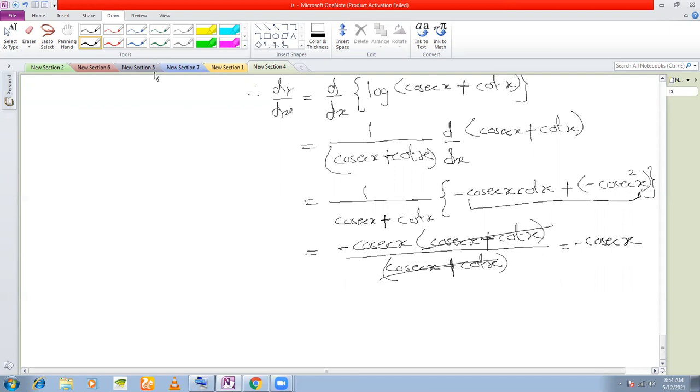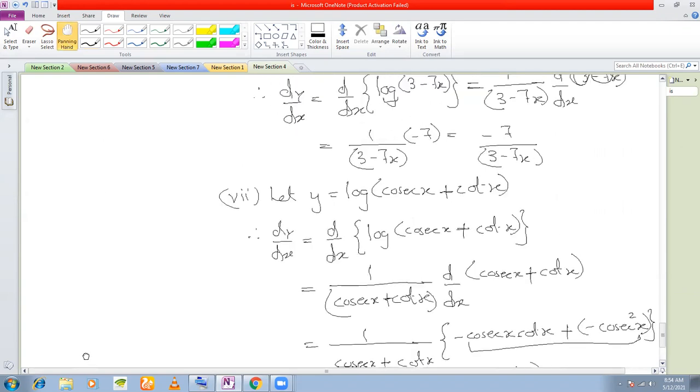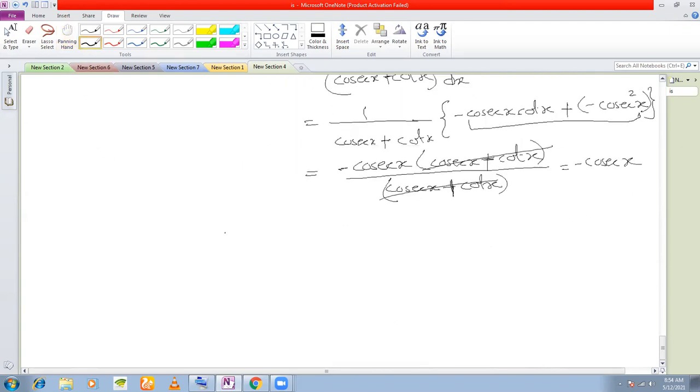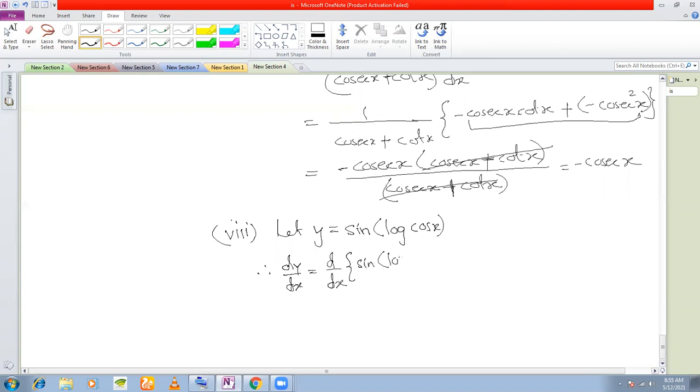So the next question that I gave you here was number 8. Let y be equal to sine of log cos x. Again, we will differentiate by the chain rule.